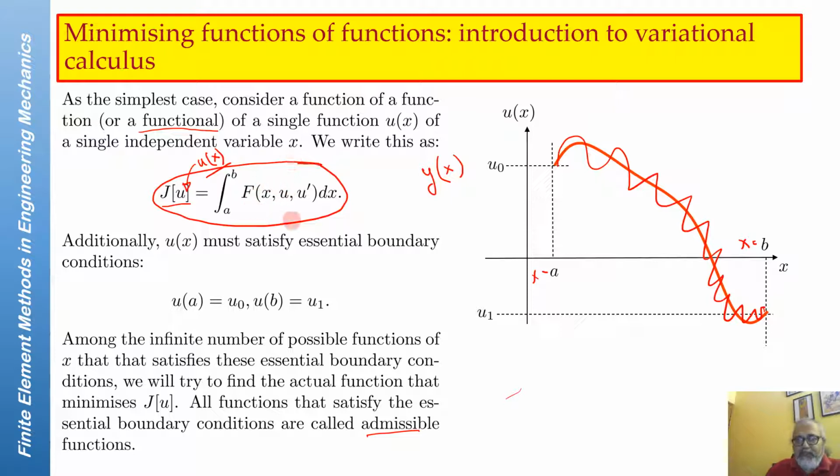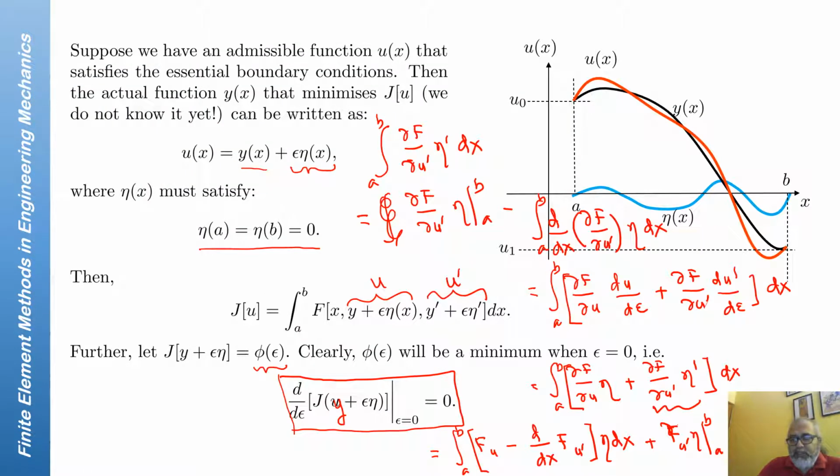So from every functional, we can build a differential equation. Solving the differential equation, or minimizing the functional, will lead you to the same result as long as the essential boundary conditions are satisfied. Okay, so this is the idea of variational calculus. We'll see one or two examples.